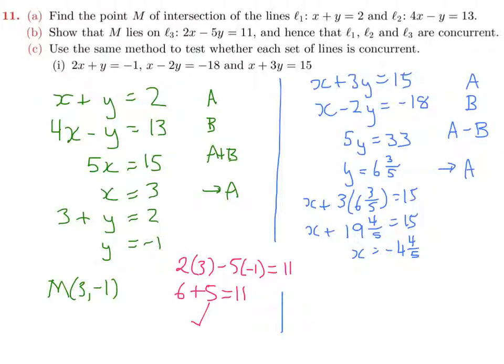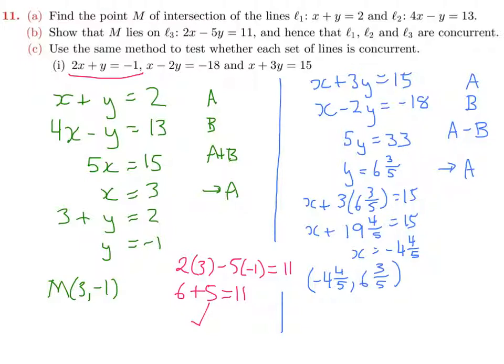Okay, so our point is minus 4 4/5, 6 3/5. Not a nice set of numbers. Now to work out whether the three lines are concurrent, we need to substitute that back into the third equation, which is 2x plus y equals minus 1.